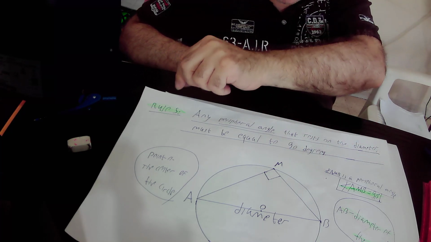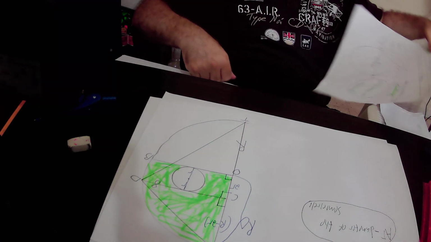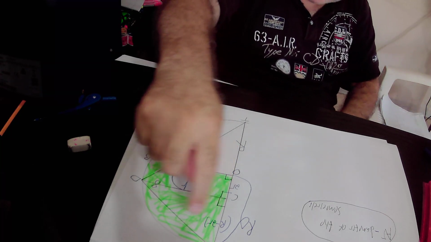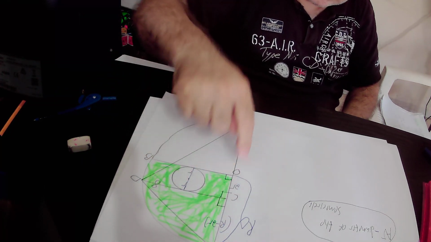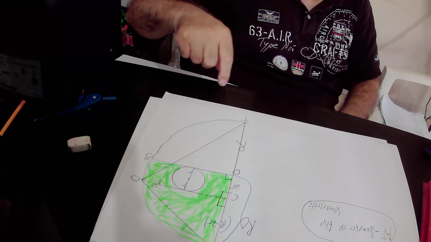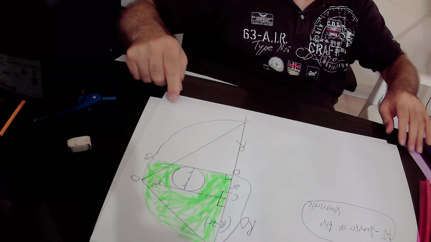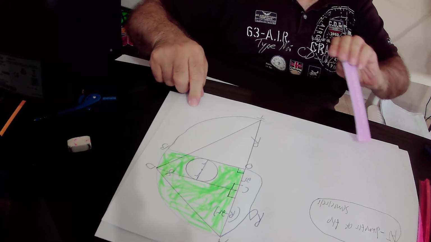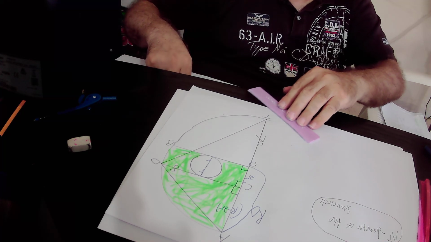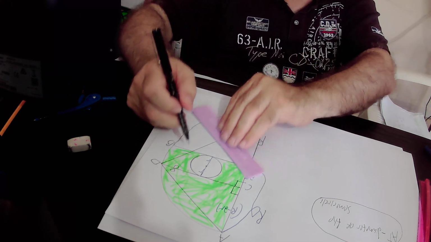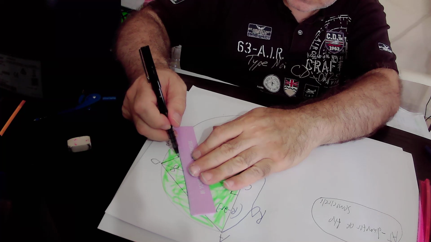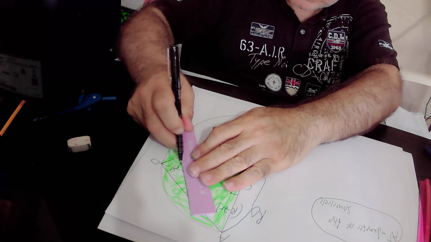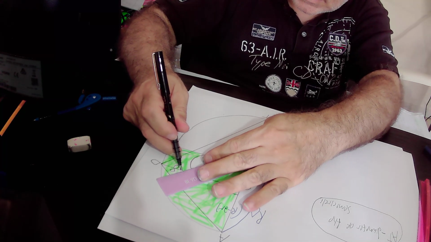We can implement rule number 5 in our drawing, because in our drawing we have peripheral angle ADT that rests on AT, the diameter of the semicircle. Therefore, peripheral angle ADT equals 90 degrees according to rule number 5.